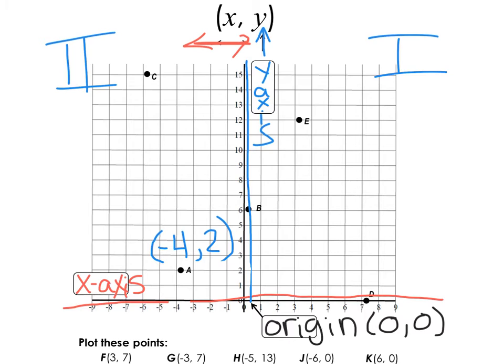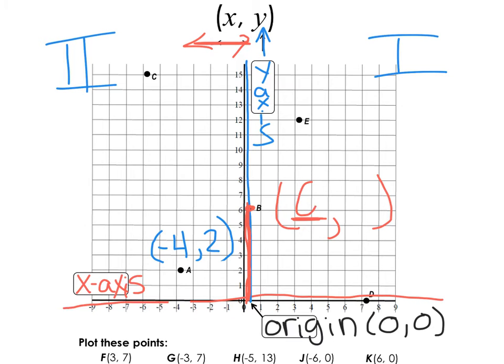So now my ordered pair for A would be -4, +2. All right, I'm going to do that again for B. So see here, here's B. Remember, we want x, then y. So I'm going to look for my x. I'm going to go to that x side to side number line first. And when I do, I see that B is lined up with the 0.